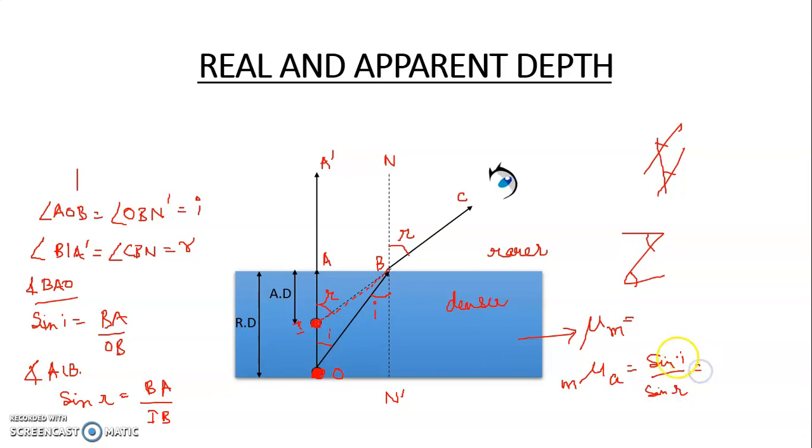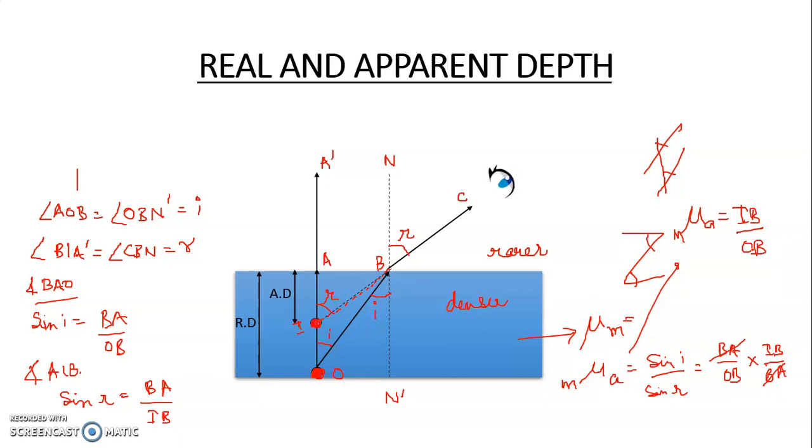Now what is sin i? Sin i is BA by OB, by sin r, which is IB by BA. So BA and BA will get cancelled out. You're left with the refractive index of air with respect to the medium equal to IB by OB. Is it clear to all of you?